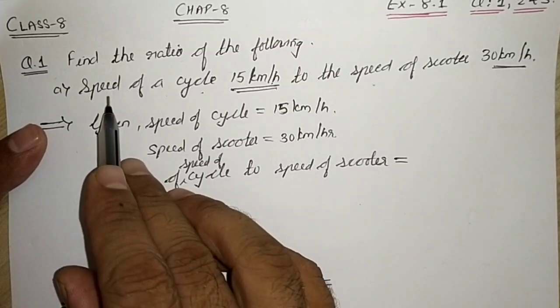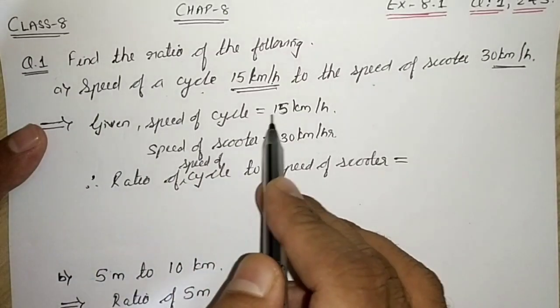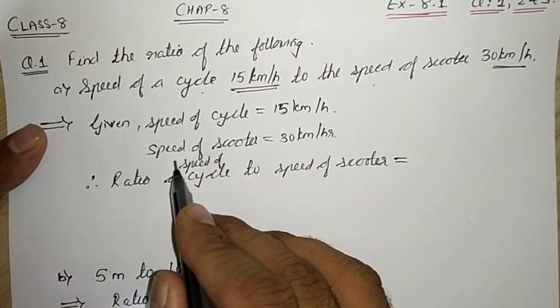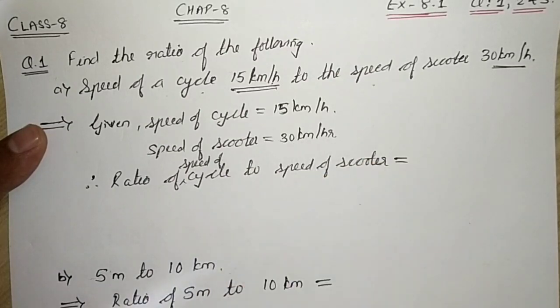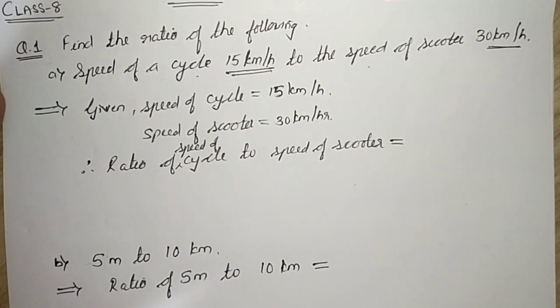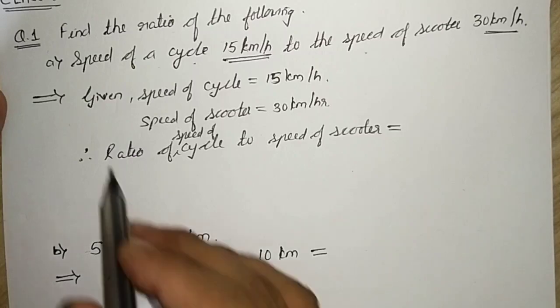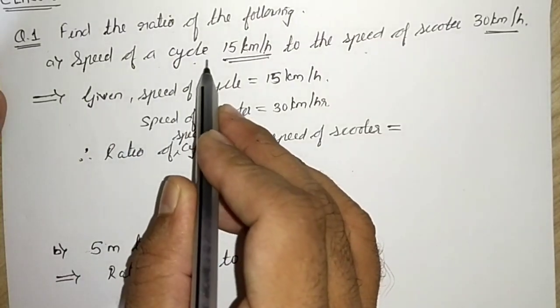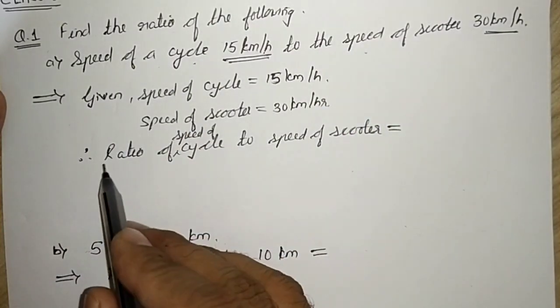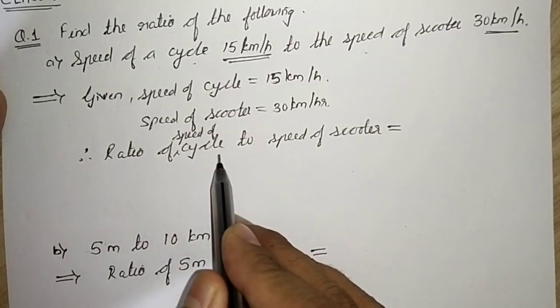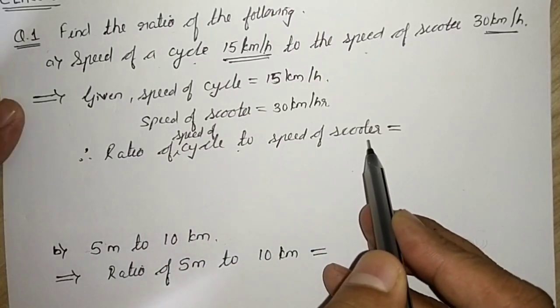Whatever they have given, I have written: speed of the cycle is equal to 15 km per hour, speed of the scooter is 30 km per hour. Now what they want us to do, find the ratio of cycle to the scooter. So I have written ratio of speed of cycle to the speed of the scooter.